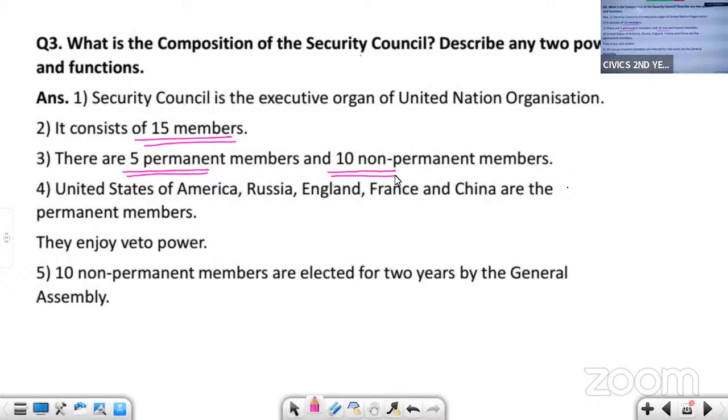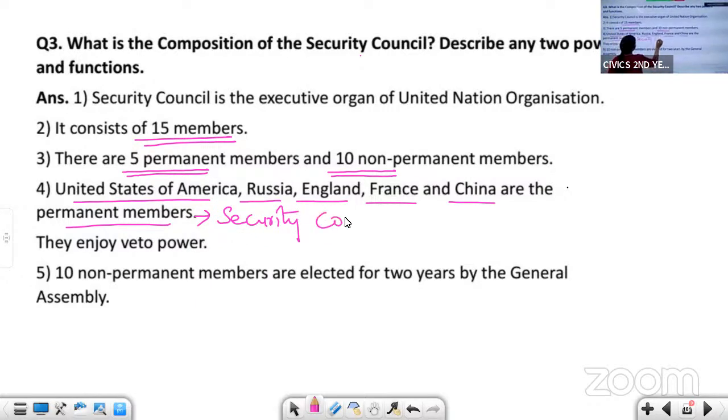Permanent means they are always members of the Security Council. Non-permanent means they change. The United States of America, Russia, England, France and China are the permanent members of the Security Council.